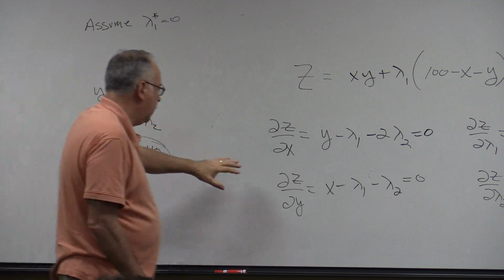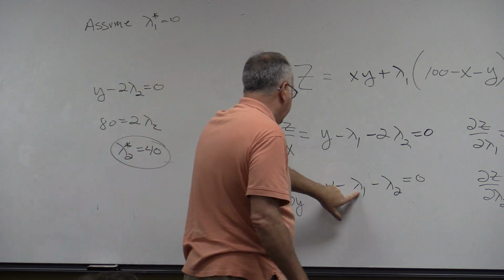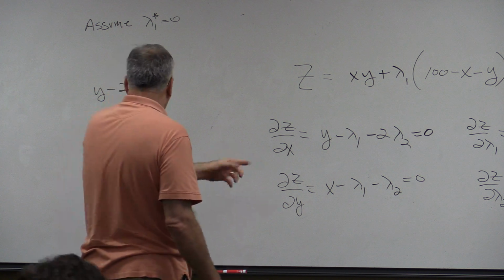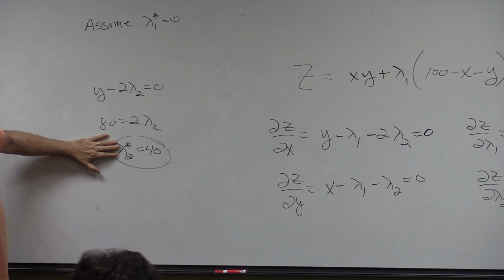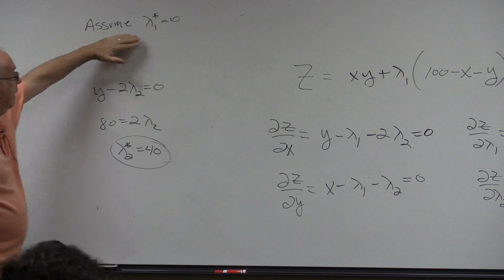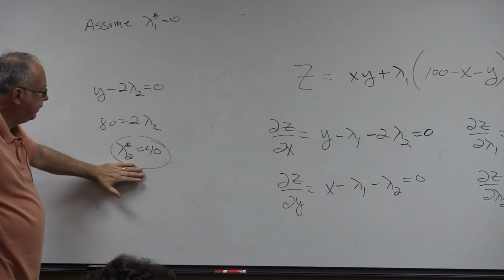But now we have to worry about this. Lambda 1 is 0, so this drops out here. So x star, or lambda 2 star, that's it. Lambda 2 star was positive. Lambda 1 star we already assumed was 0. So this works. Lambda 1 star is 0. That's okay. Lambda 2 star is 40.